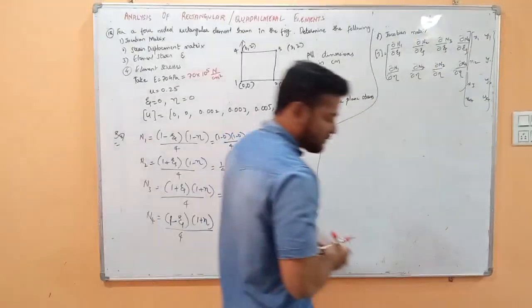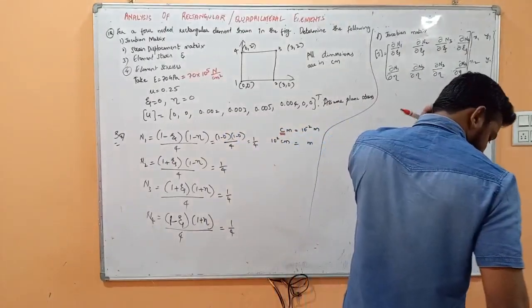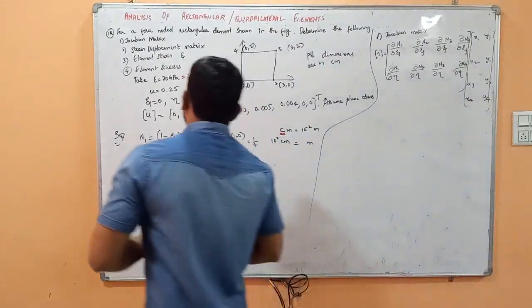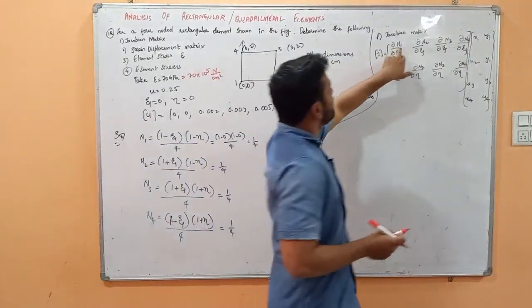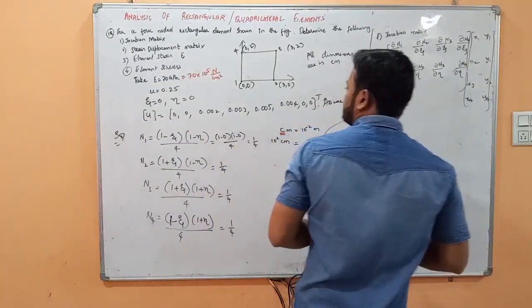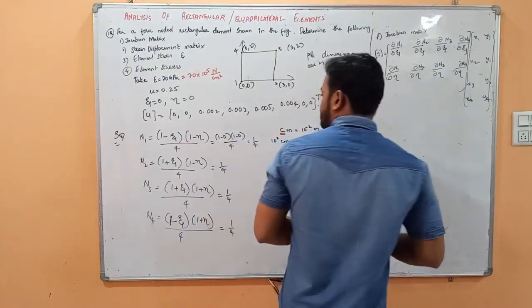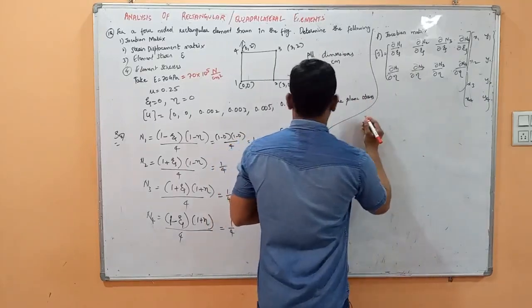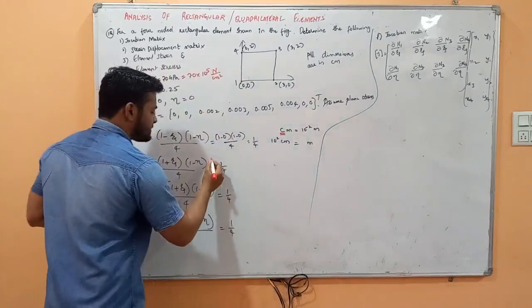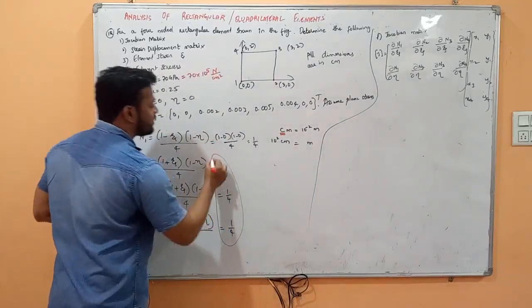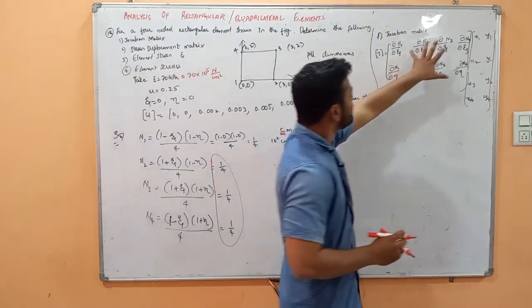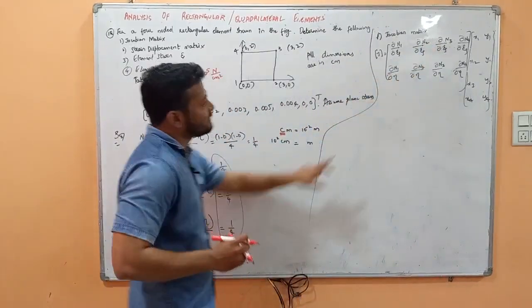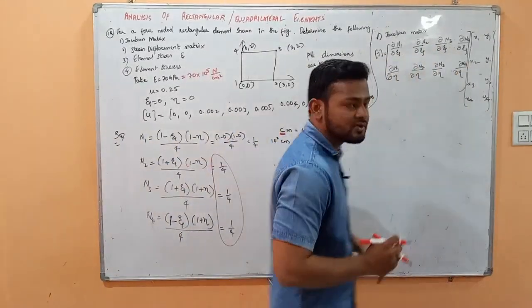So now what is the Jacobian matrix here? First, ∂N1 by ∂xi. So what is N1? Before substituting, let's not consider this part because we have to perform differentiation here. If we perform differentiation after substituting, everything will become 0 because differentiation of a constant is 0.